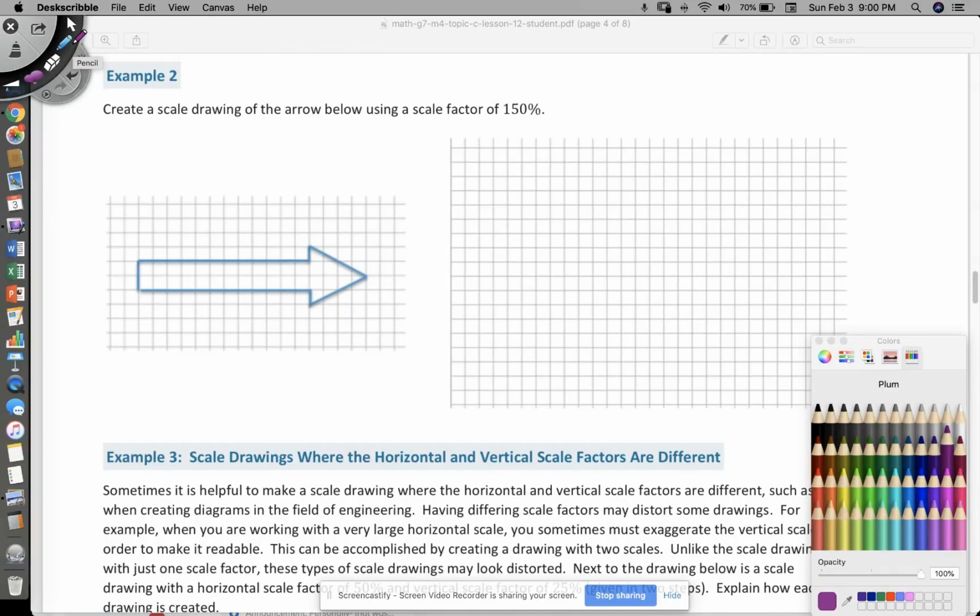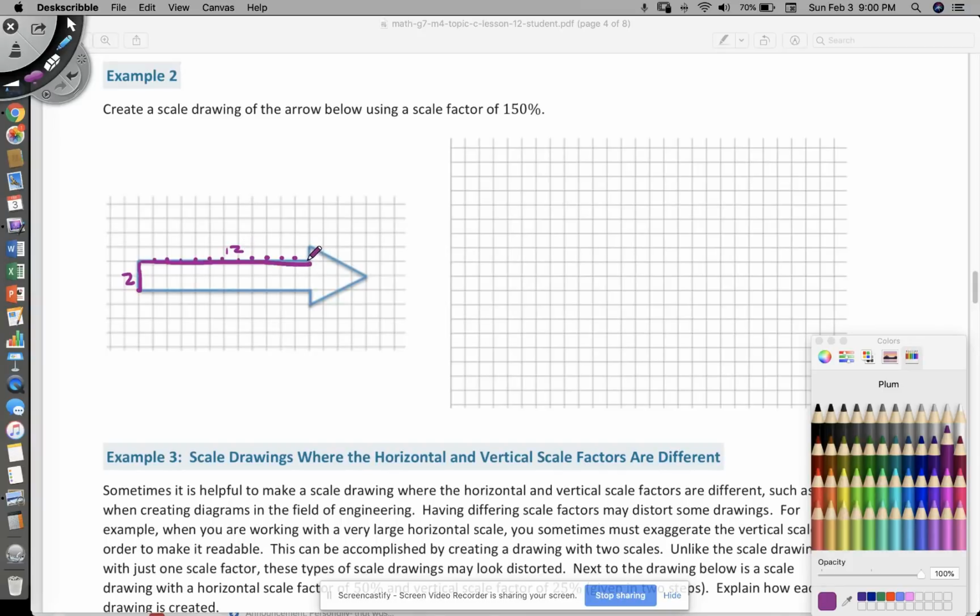Create a scale drawing of the arrow below using the scale factor of 150%. So first we need to count our units. So here we have 2 units. Going across along this way, let's see. We have 1, 2, 3, 4, 5, 6, 7, 8, 9, 10, 11, 12.